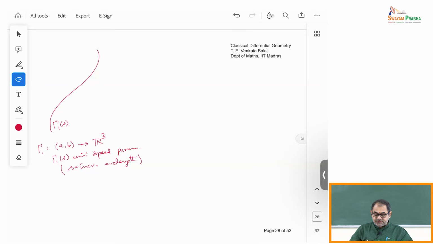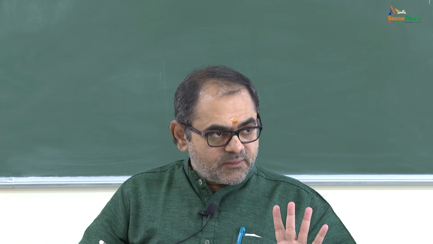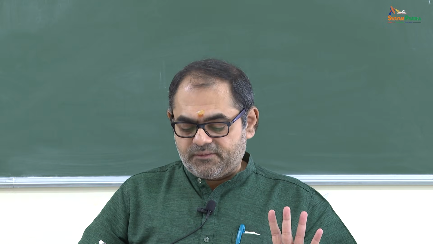The assumption is that the curvature k of gamma 1 of s is positive. So it has positive curvature. Mind you, this is a space curve, curvature is not signed, so curvature only means the magnitude. We take it to be positive. It should never vanish. Why the curvature should never vanish is because we want torsion to be defined.